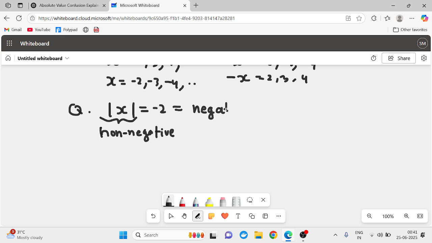So positive cannot be equal to negative. So that's the story. In this case, mod x is equal to minus 2. Yes, this is true. The left hand is non-negative, right hand is negative. So no possible solution. That is 100% true. No possible solution.